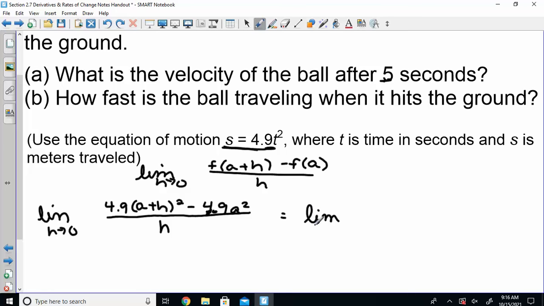What do you have to do if you have a plus h squared? How do I do a plus h all to the second? FOIL. So if you wrote that twice, you get a squared plus 2ah plus h squared.